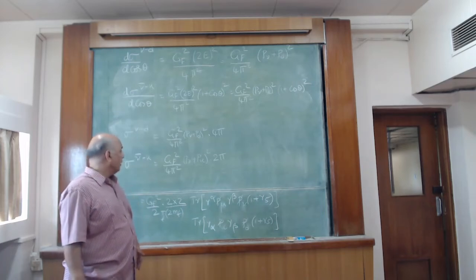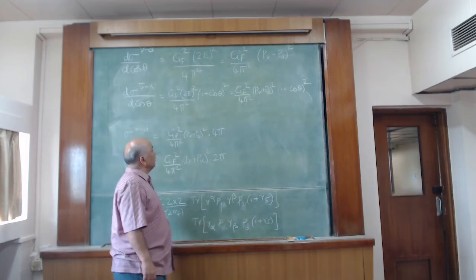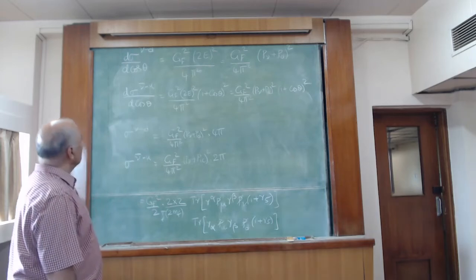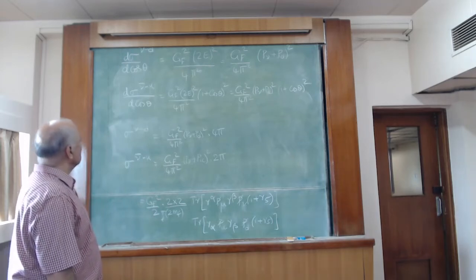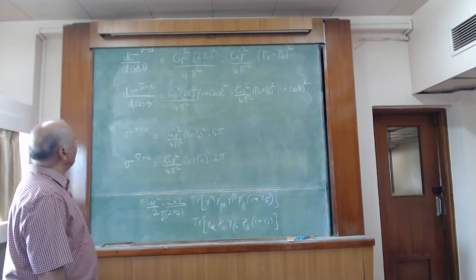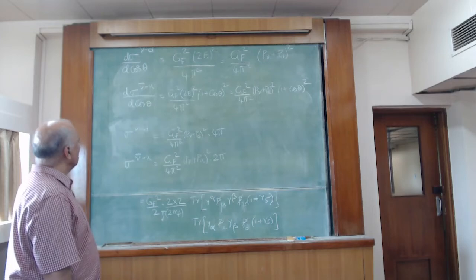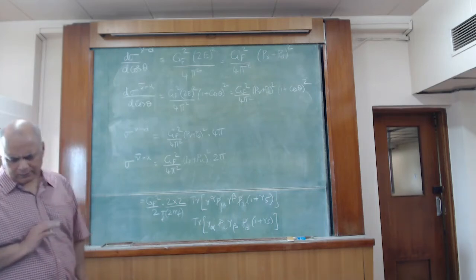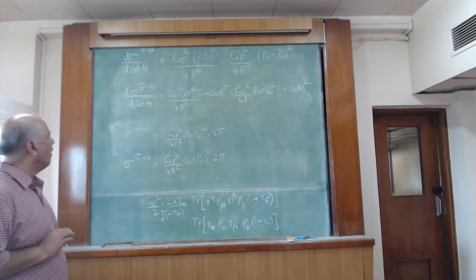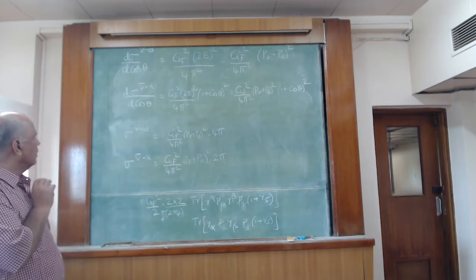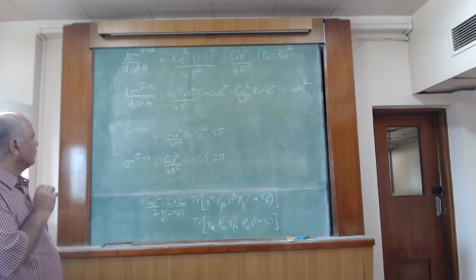and when I integrate over cos theta, what do I get? Oh, no. There is 1 over pi. No, there is something I missed. There is a normalization factor I missed.